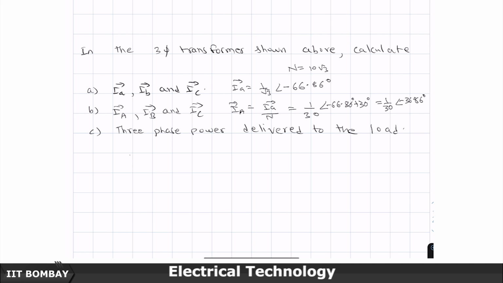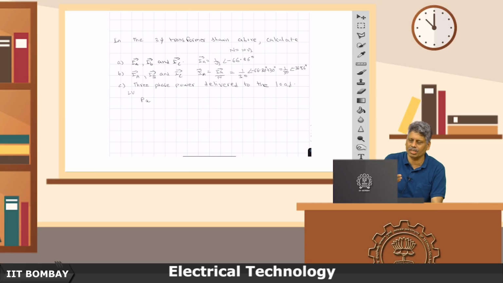Okay. Now let's look at the three-phase power delivered to the source. So let me first of all on the LV side calculate PA, and then PB and PC are one and the same. So three-phase power is 3 times PA. So the current is basically 1 by root 3. I'm just doing the watts calculation. So the current PA is 1 by root 3 square into resistance is 8 ohms.